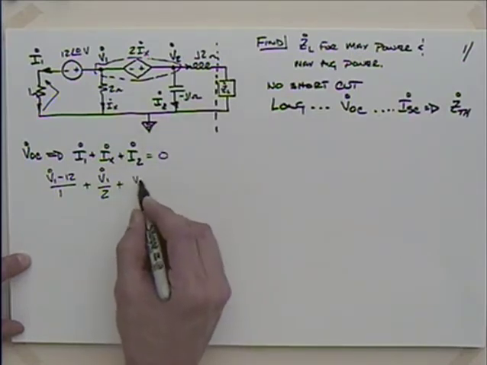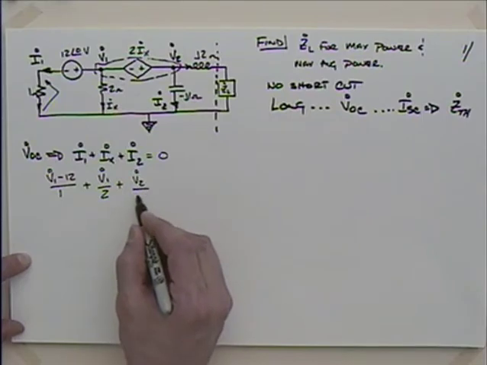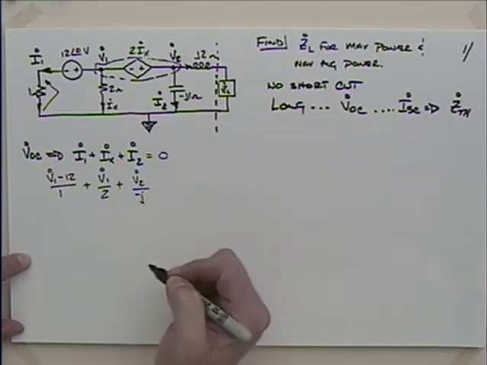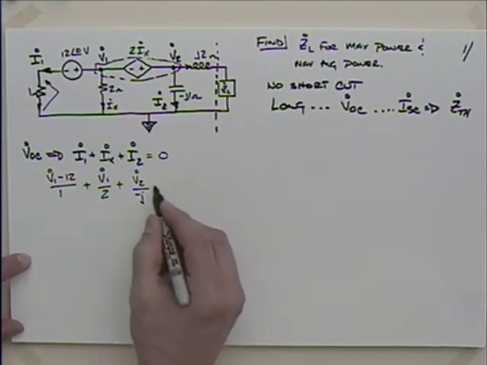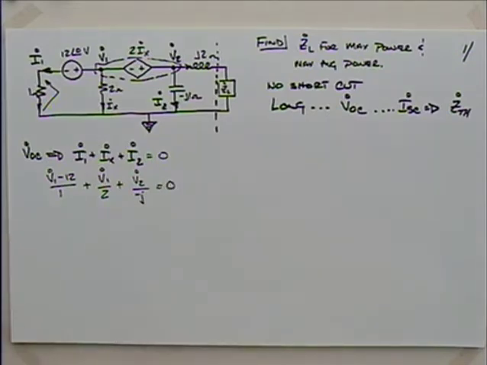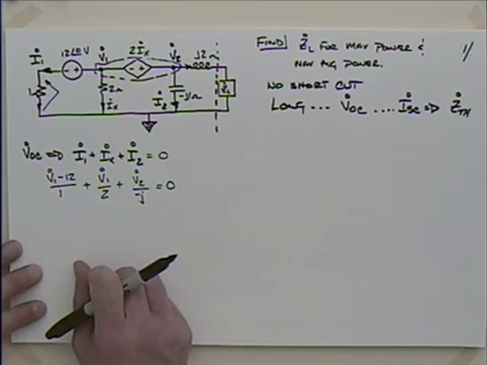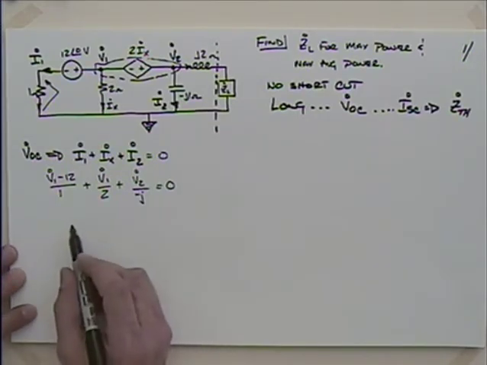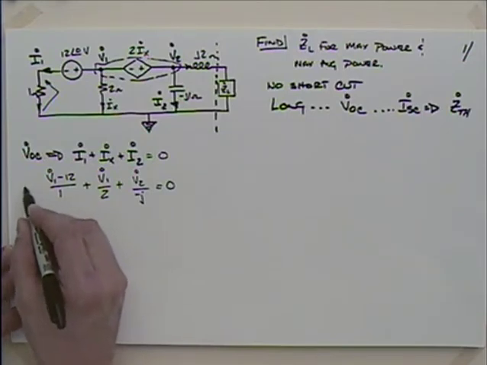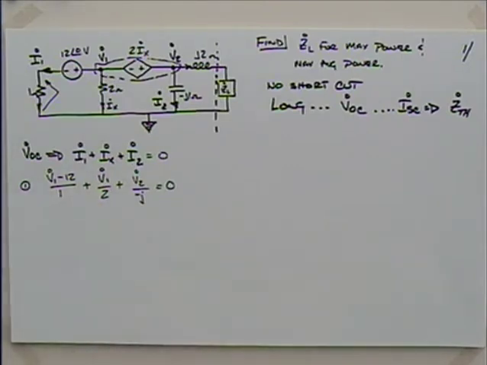V2 divided by minus j. Okay. Set that equal to 0. So there's one equation. It has two unknowns. Where's the other? I could say that this is equation 1. You've got two unknowns, so you have to find another equation.